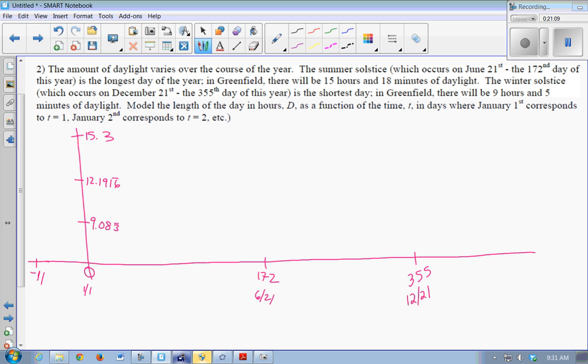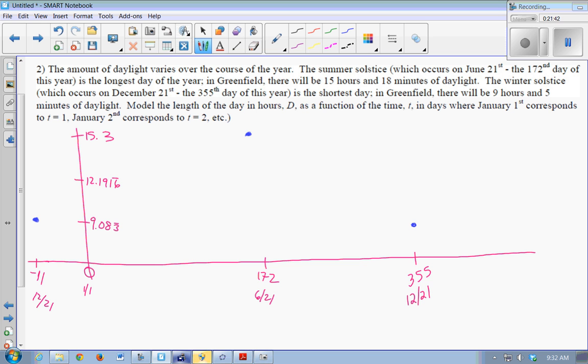All right, now I'm going to try to draw it. I have lows at -11, December 21st, and then again the following December 21st. And I have a high halfway in between on June 21st. So that's one complete period.